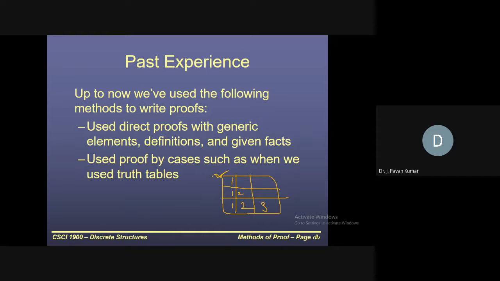If the program gives the correct answer every time, for every input it allows, then we can say our program or algorithm is correct. So how can we prove that a program is correct? That is the question. To answer such questions, we have these methods of proof. Let us see them one by one.